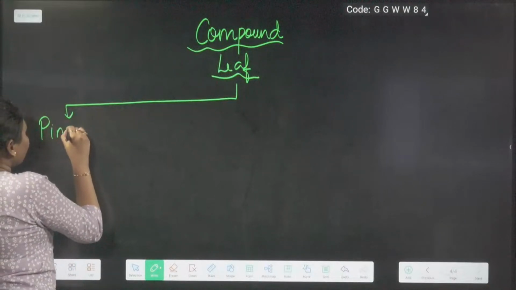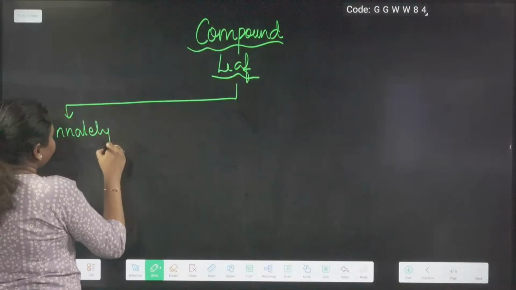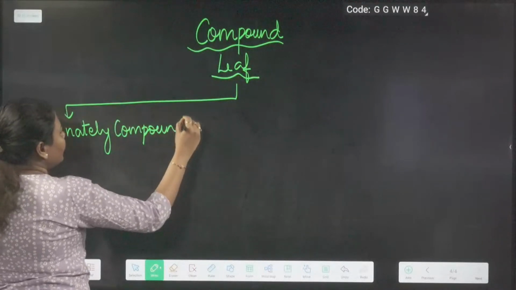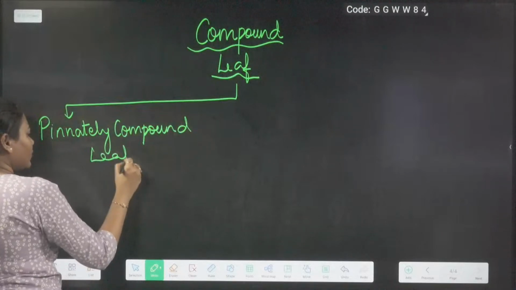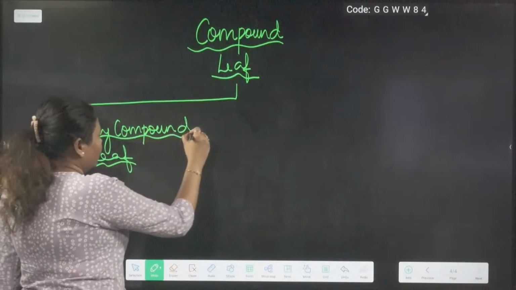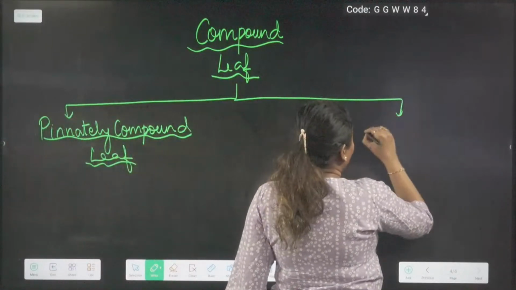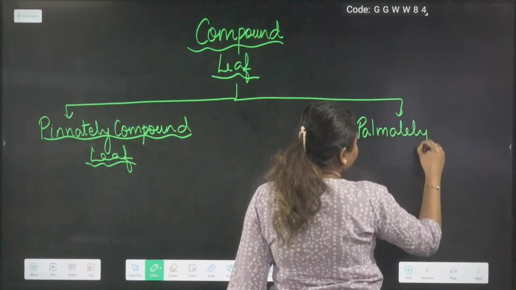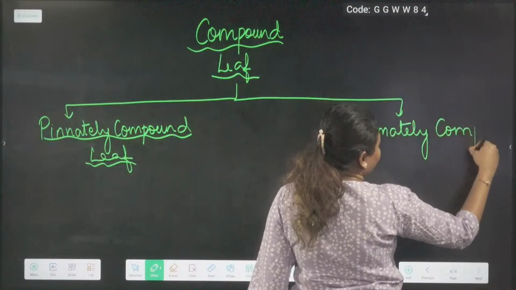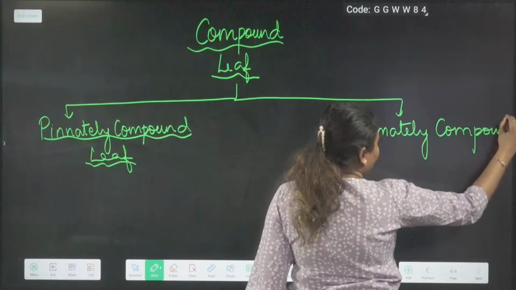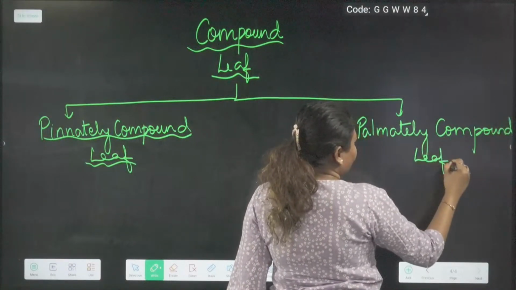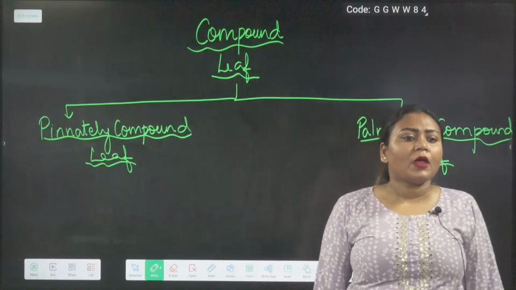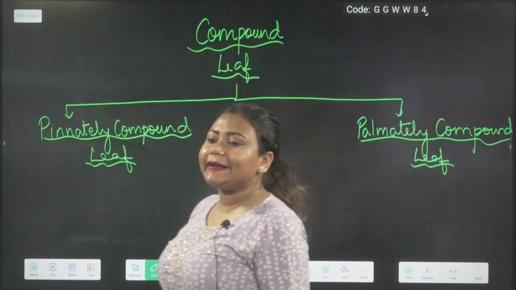One is your pinnately compound leaf. Another one is your palmately compound leaf. Okay? What is a pinnately compound leaf?